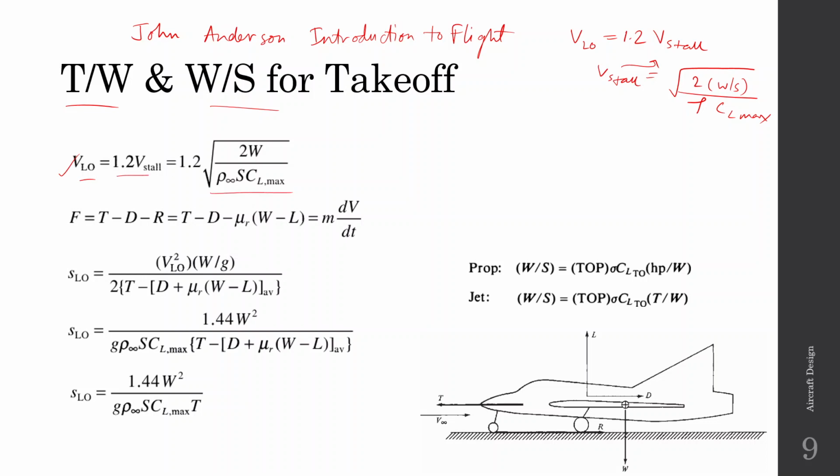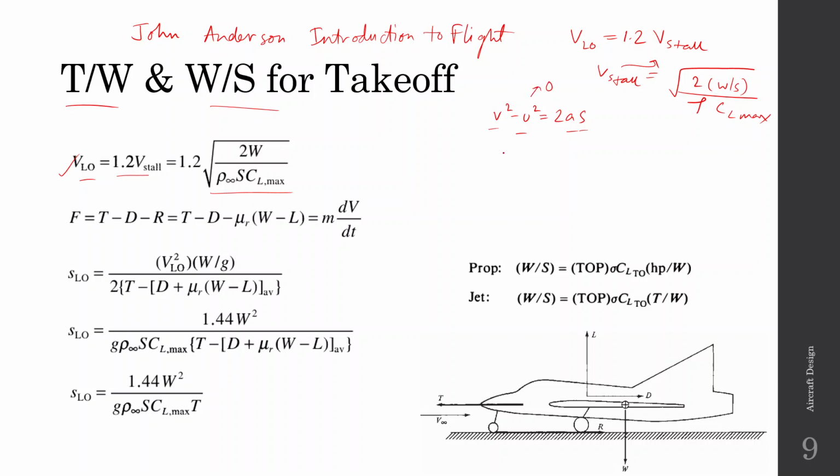Okay, so now that we have the takeoff velocity, we'll draw the free body diagram of the aircraft, draw all the forces acting on it, and then find the average acceleration. Then you remember this formula from high school physics, which is V square minus U square equal to 2AS, where V is the final velocity, U is the initial velocity, A is the acceleration, and S is the distance. Here the initial velocity is 0.